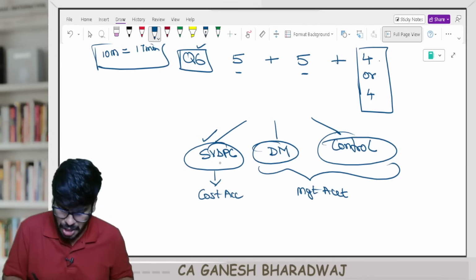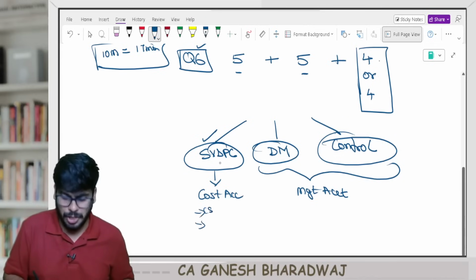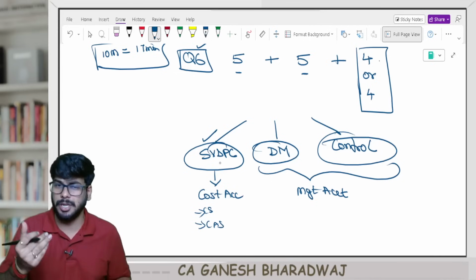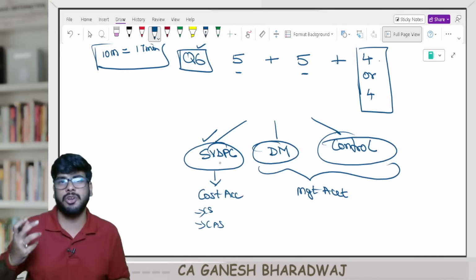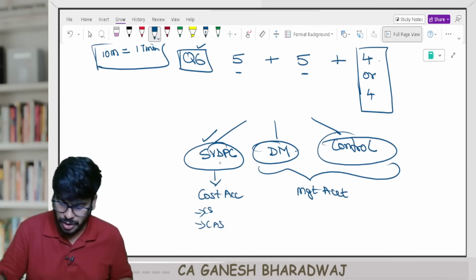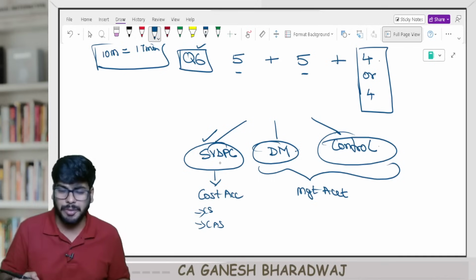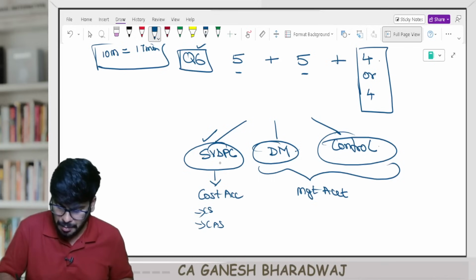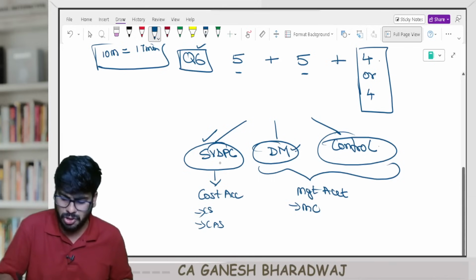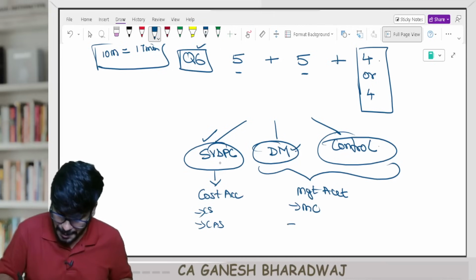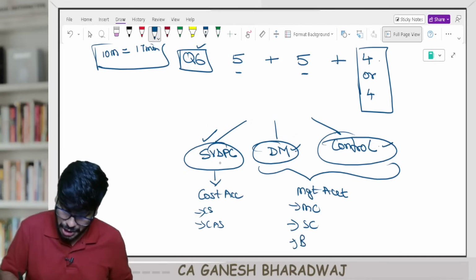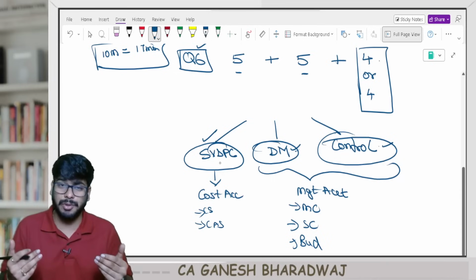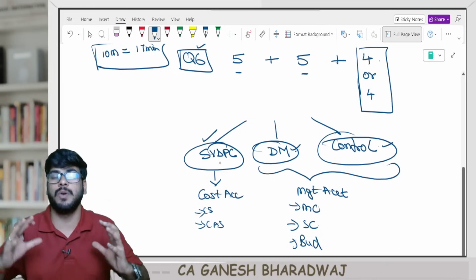For example, your cost sheet chapter, your cost accounting system chapter. These chapters go on to achieve the objective of valuing your stock and arriving at a profit. Whereas your decision making and control is achieved in chapters like marginal costing. This chapter goes on to do your decision making. Your standard costing helps in control. Budgeting, this chapter also helps you in both decision making as well as control, and so on.